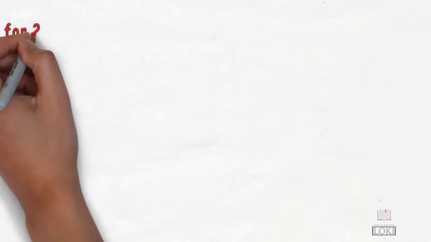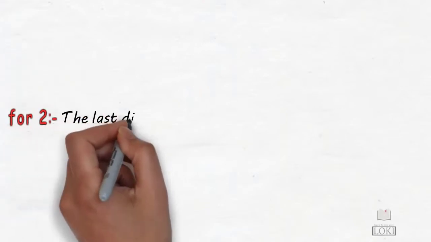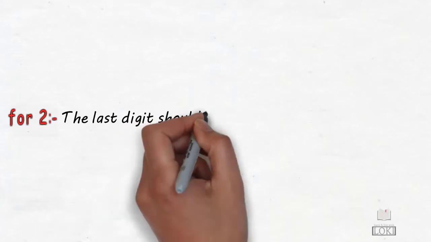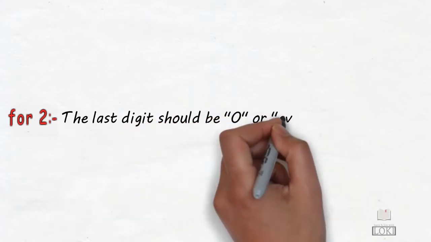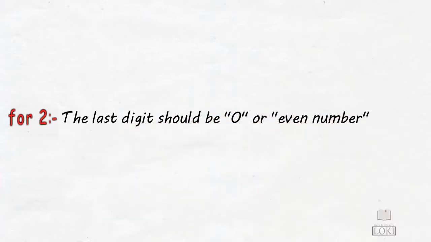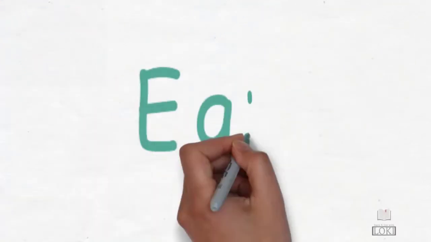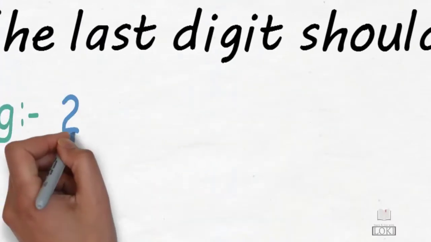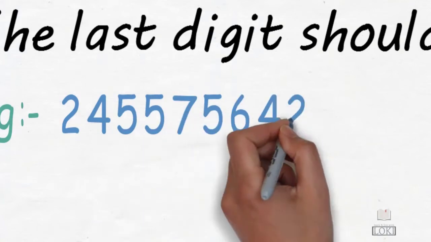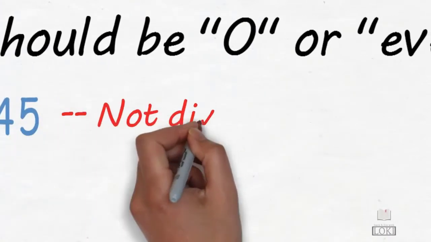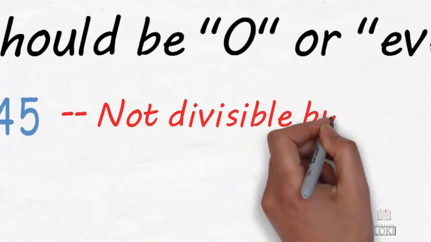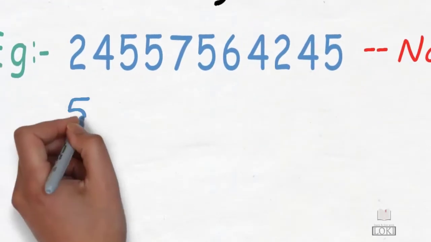The divisibility rule for 2 is that the last digit of a number should be an even number or 0. For example, if the last digit is neither 0 nor an even number, it is an odd number, so we can conclude that it is not divisible by 2.